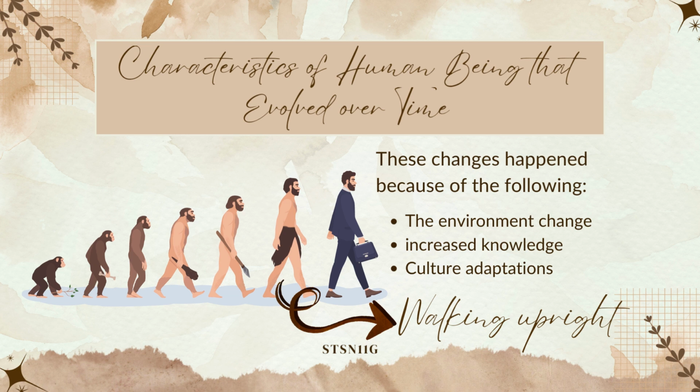First is environment change. Obviously, we know it, right? Our environment plays a major role in our evolution, not just physically, but in all aspects. Why? Because we try to adapt to the changes that our environment experiences so that we can survive. That's the main goal, survival.